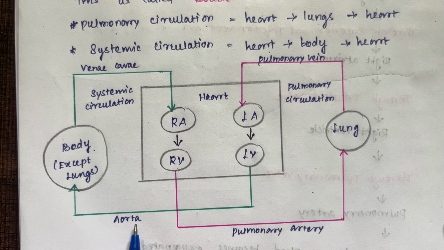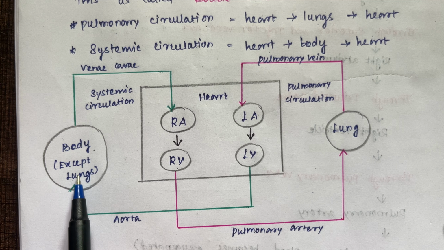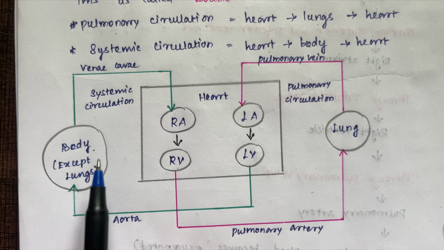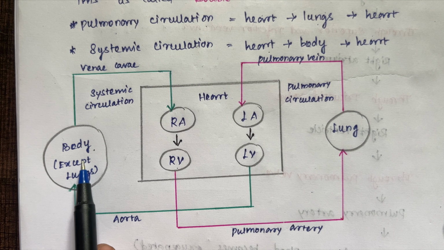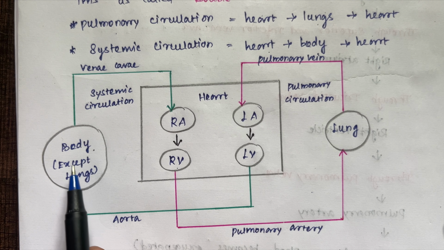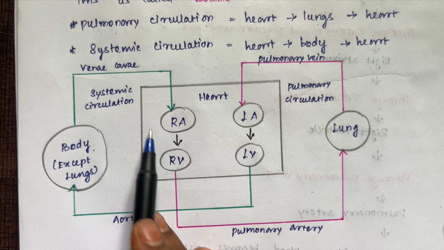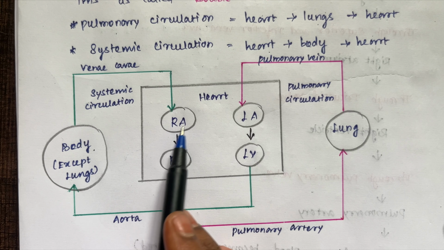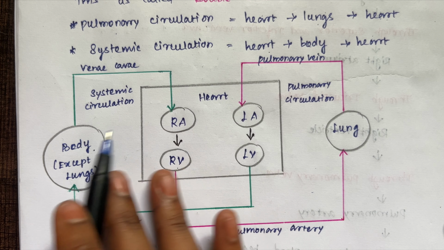From the aorta, it branches out and delivers the oxygenated blood to every part of our body, like the brain, muscles, skin, digestive organs, basically everywhere except the lungs. After supplying the oxygen, the blood becomes deoxygenated again and returns to the heart through the vena cava. This deoxygenated blood enters the right atrium, completing the systemic loop. So this is known as systemic circulation.